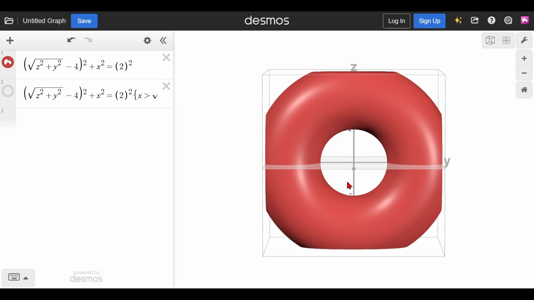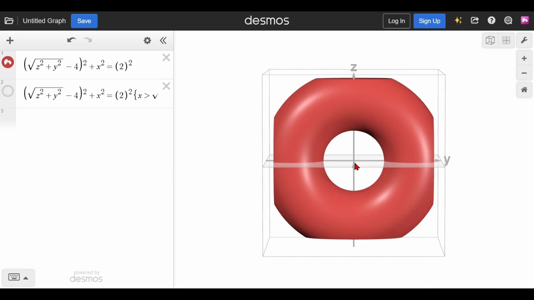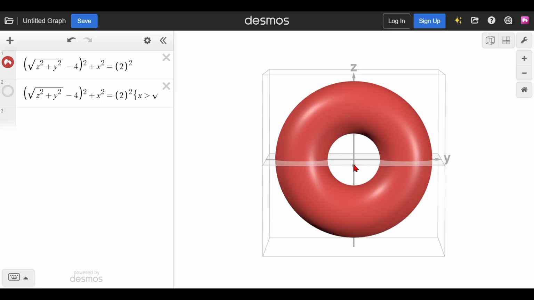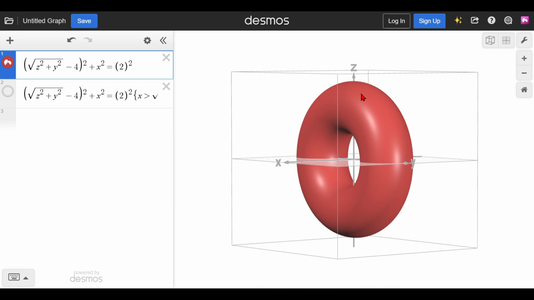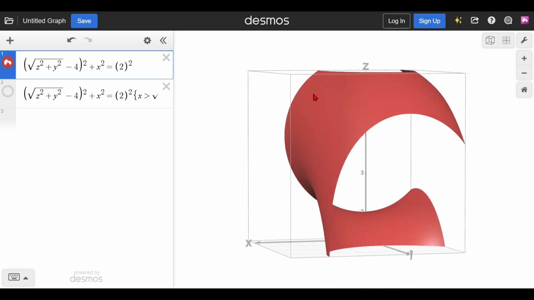Imagine a bike tire or something like that, and it would be the radius from the center here of the whole donut or the whole bike tire to the center of the tube, and that would be this radius right here. Then this entire thing is squared here, and then you add it to x squared, and then you set it equal to the radius of the tube.